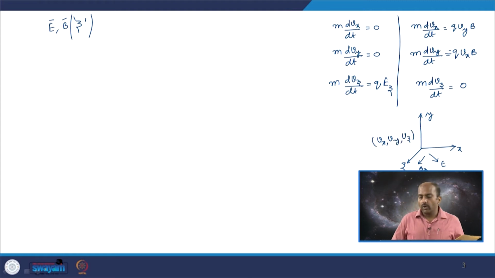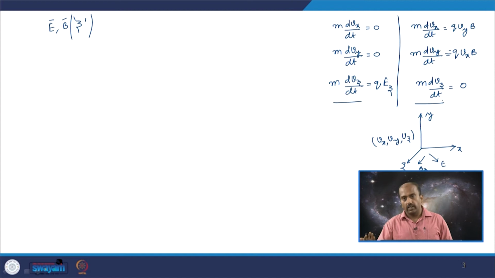As long as the velocity component is parallel to the magnetic field, it will not be influenced, right. So, when you want to write an equation of motion for the z component of velocity, it has to be this plus this. That means the z component of velocity is simultaneously influenced by the electric field and the magnetic field.